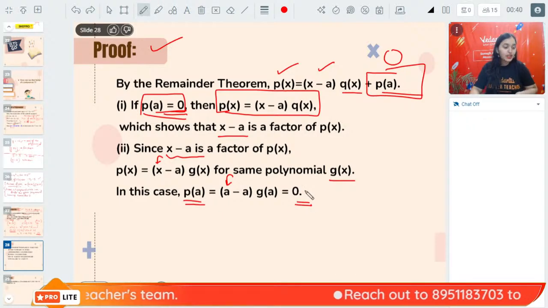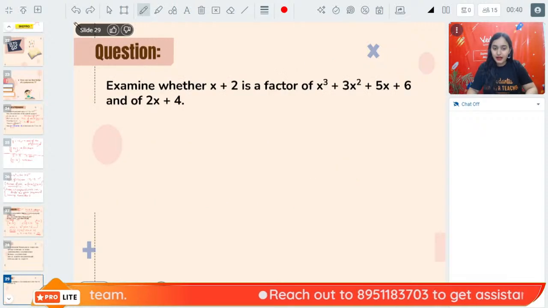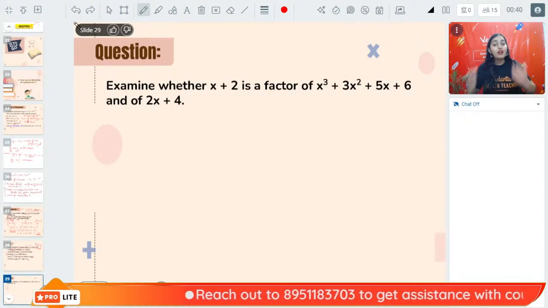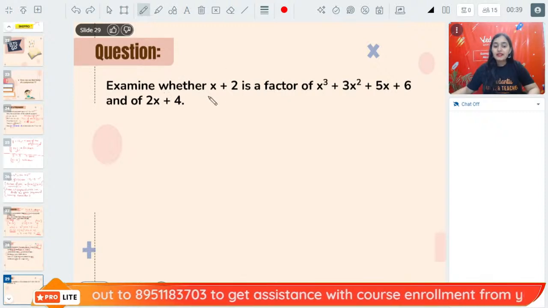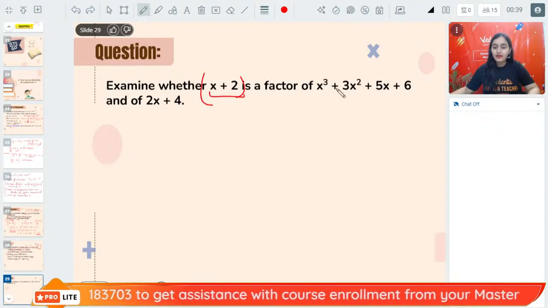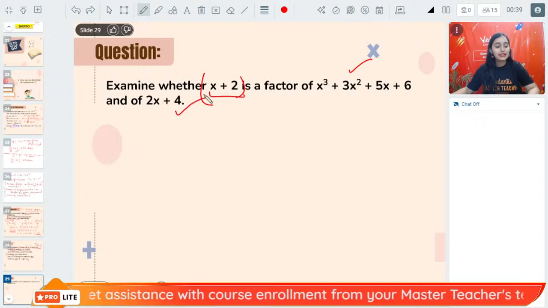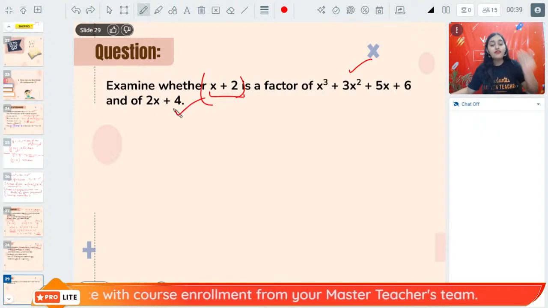Yes, Sheetal, you're absolutely right. Now, what type of question will be asked? Question number 1: examine whether x plus 2 is a factor of this polynomial and this polynomial. So how to find out?